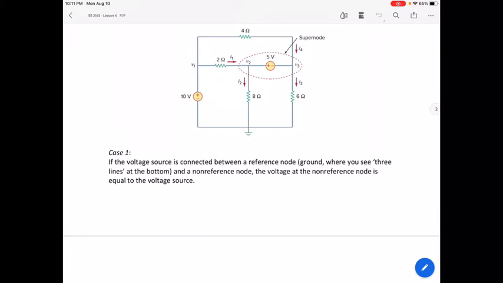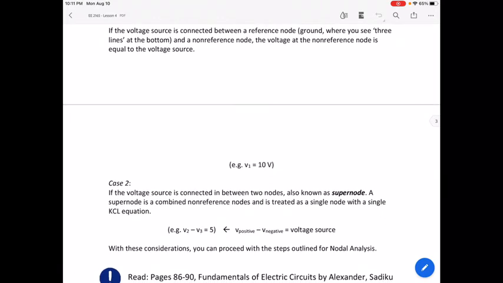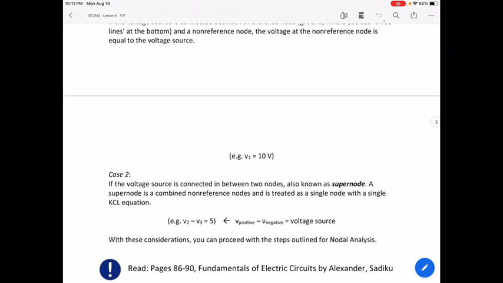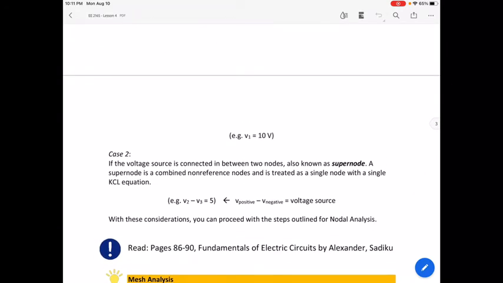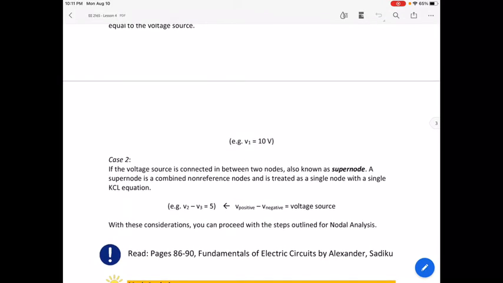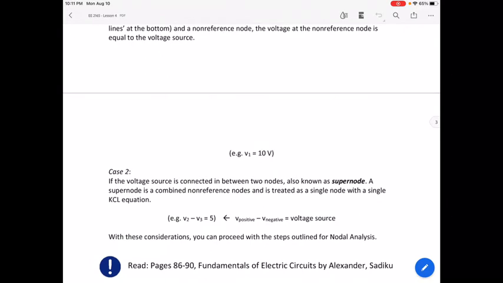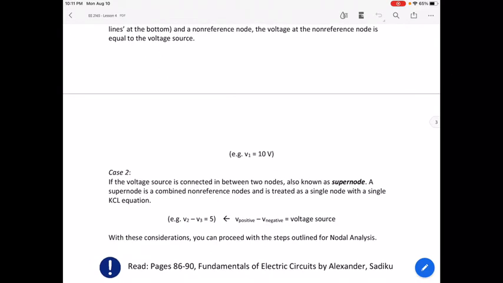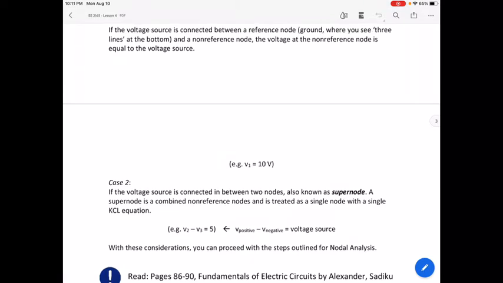Since the voltage source's positive side leans toward V2, it is assumed that V2 minus V3 is equal to 5 volts, or in other words, the positive terminal of the voltage source minus the negative terminal of the voltage source. And after this, we will go with the usual procedure of doing the nodal analysis.